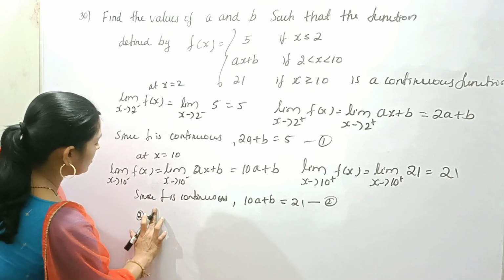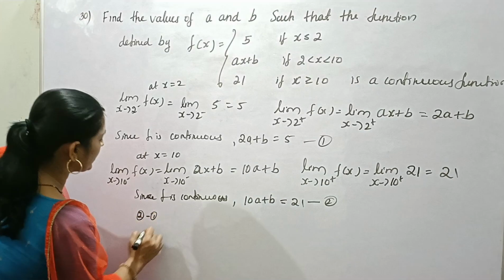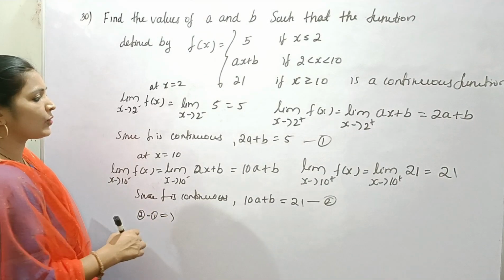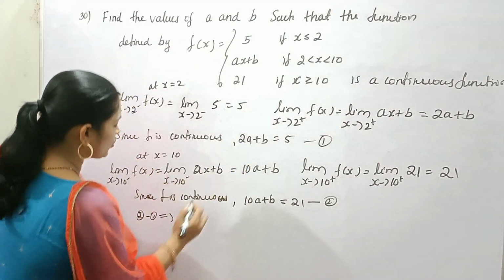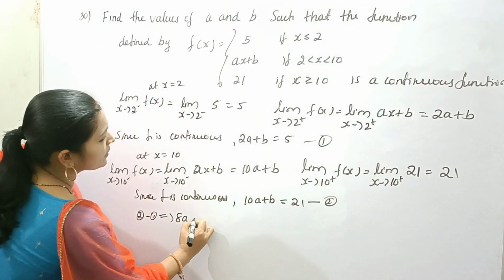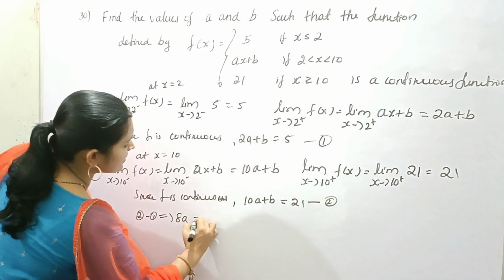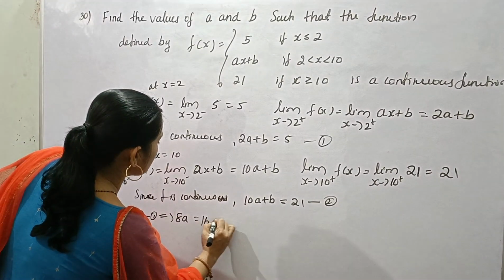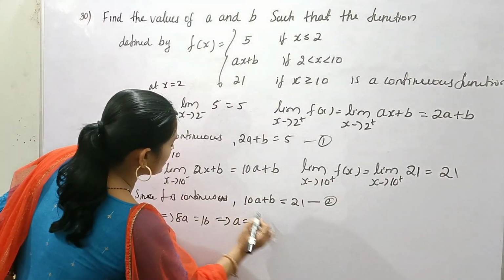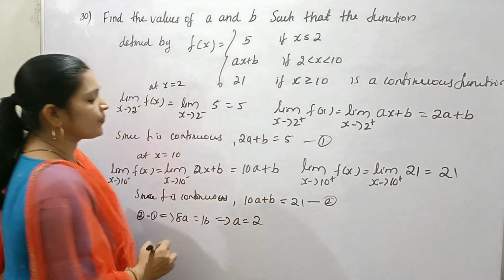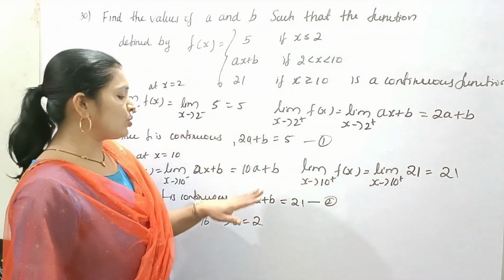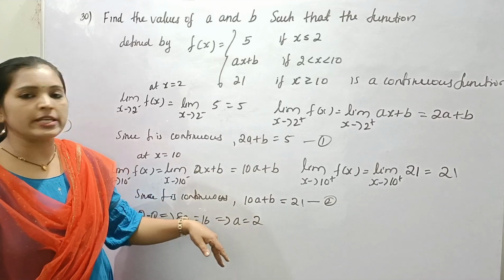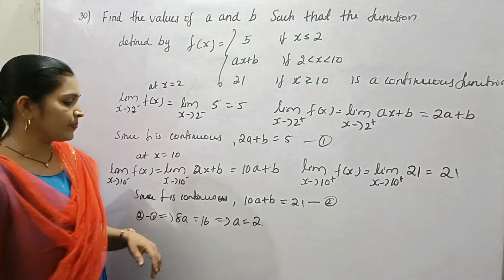You can do 1 minus 2 or 2 minus 1, you will get the same answer. So 10a minus 2a is 8a, b cancelled, that is equal to 21 minus 5, that is 16. This implies a is equal to 16 by 8, a is equal to 2. If a is equal to 2, substitute it in any of these equations, you will get the value of b.